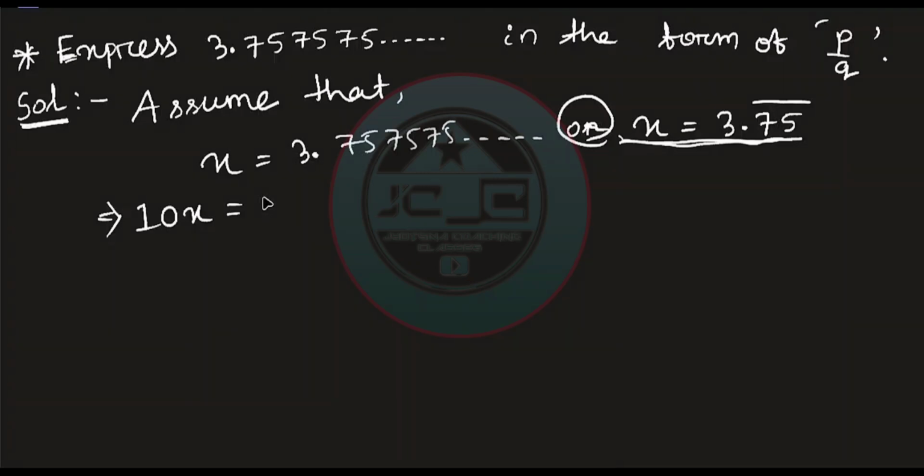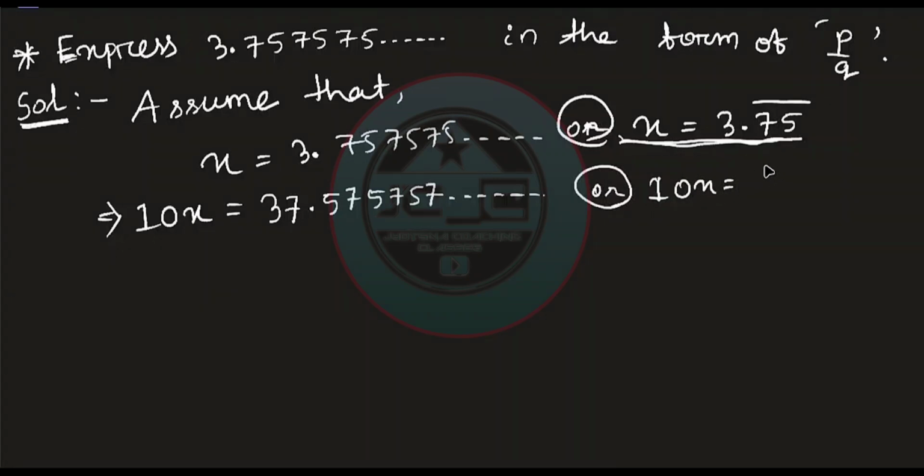It would become 37.575757... continuing. And we write 10x is equal to how much? 37.57 bar. Clear? Okay.